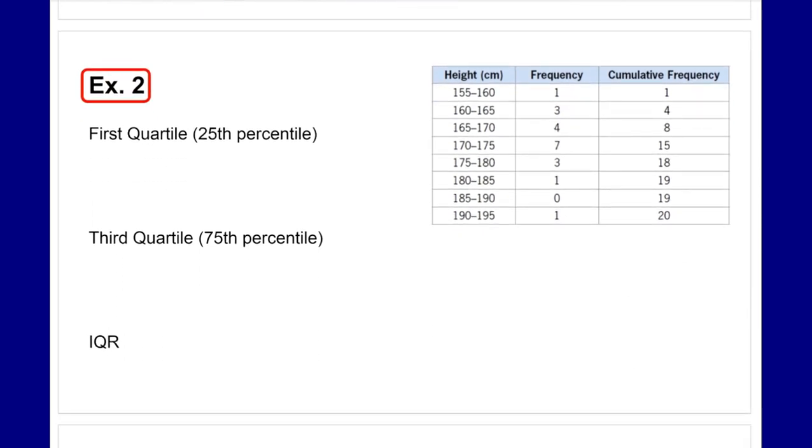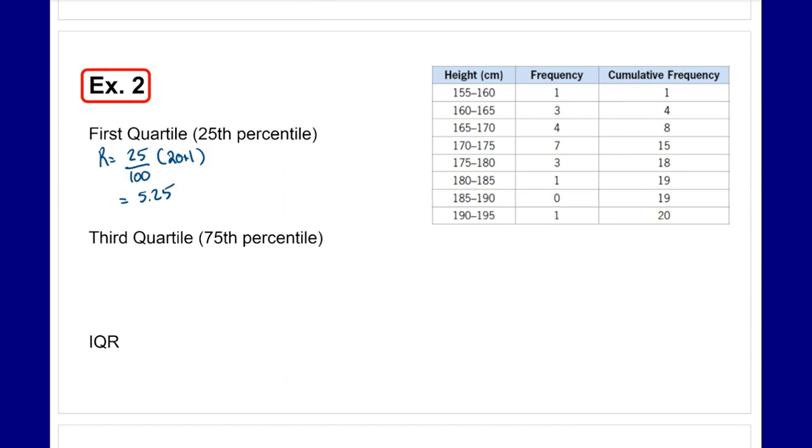We want to do the same thing, finding the first quartile, or the 25th percentile, and the third quartile, the 75th percentile, and then use those together to find our IQR. So for the first quartile, the 25th percentile, same formula: 25 divided by 100 times 20 plus 1 equals 5.25.